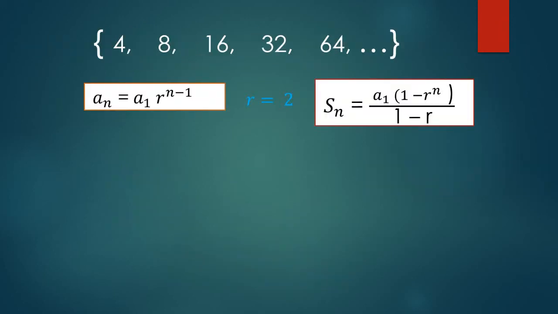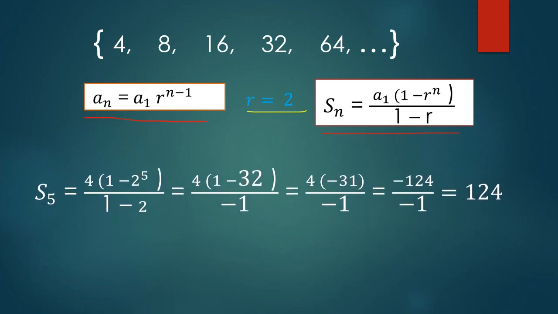We will use the two formulas: this is our formula for the geometric sequence, and this is our formula for the geometric series. Our ratio is 2.